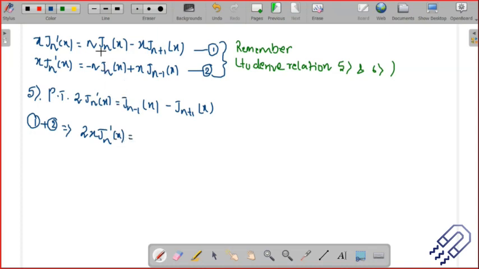On the right hand side, we have these two. These two will get cancelled out. So I can take x common, and I have this relation, which is K n minus 1 x minus K n plus 1 x.